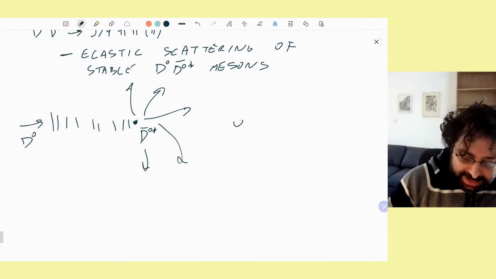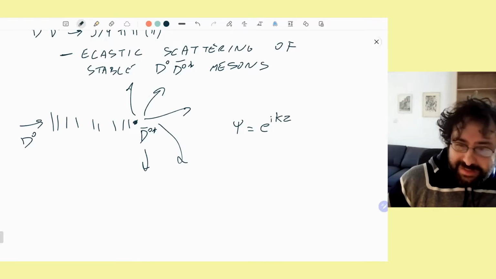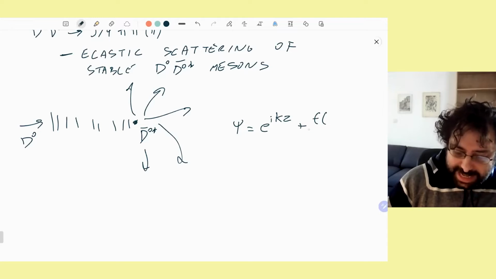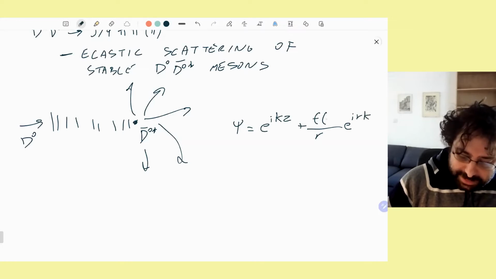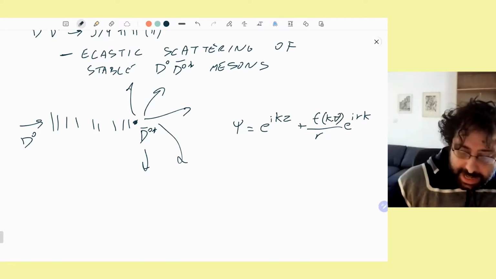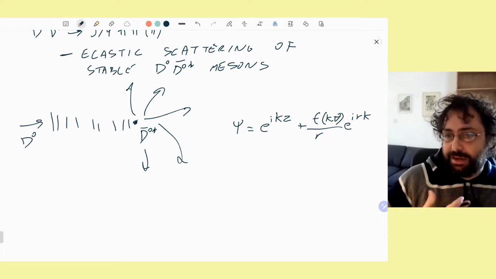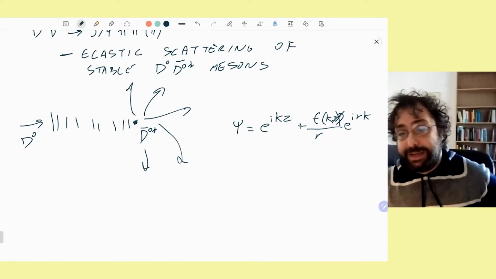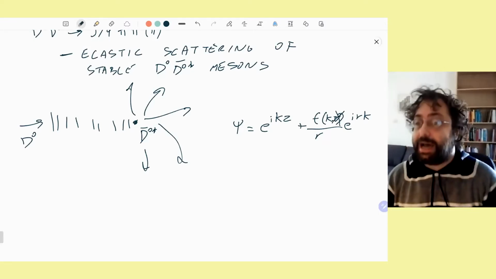And the wave function that you're going to get for this D0 is your original plane wave that you started with, plus something which is called the scattering amplitude that modulates the outgoing spherical wave. This depends on the momentum, and in principle depends on the angle, but we know that the effect of the X is visible in S wave, so that means that we can neglect this angular dependence here and assume that the scattering happens isotropically.